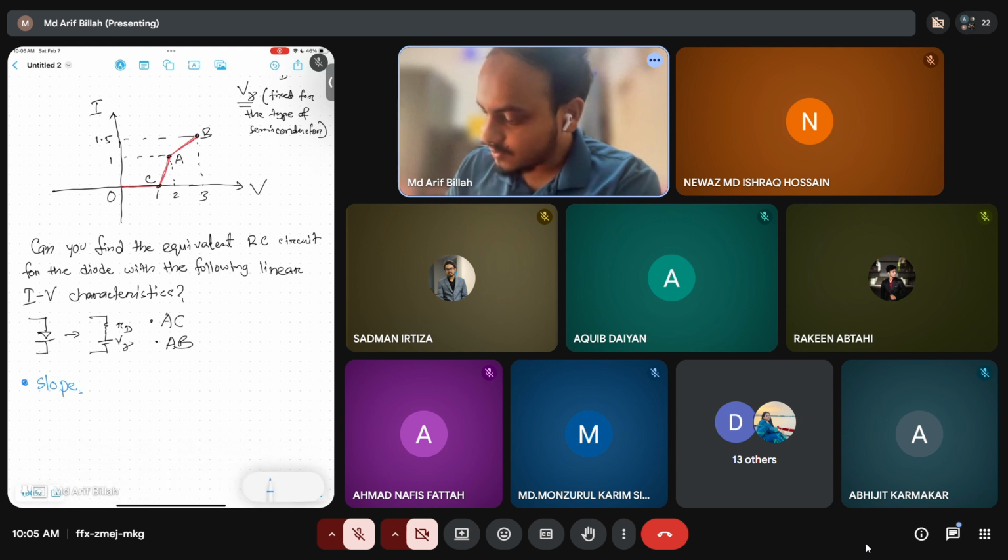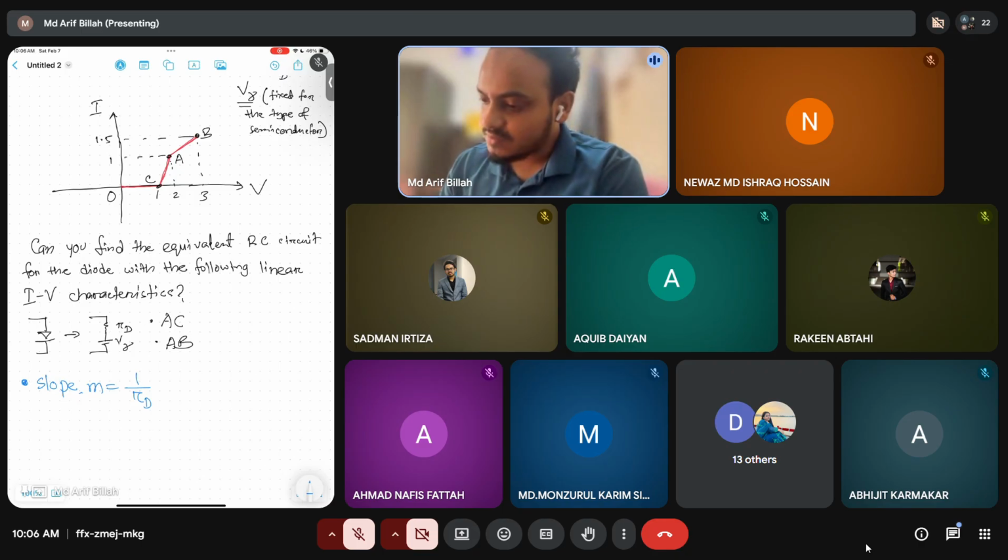The slope m equals 1 over RD, the resistance of the diode. And this is for AC. For AC, what is the slope? How do you find out the slope?